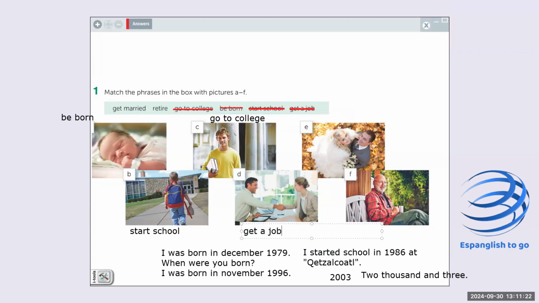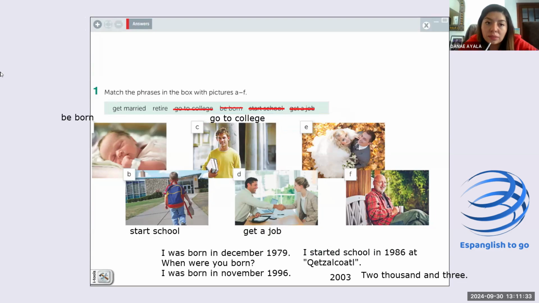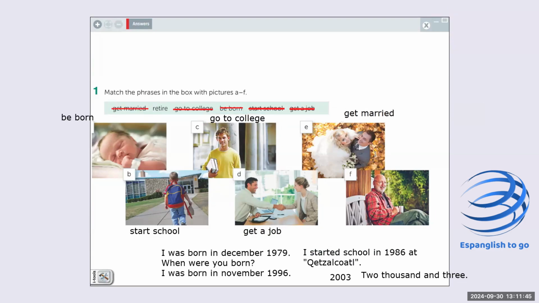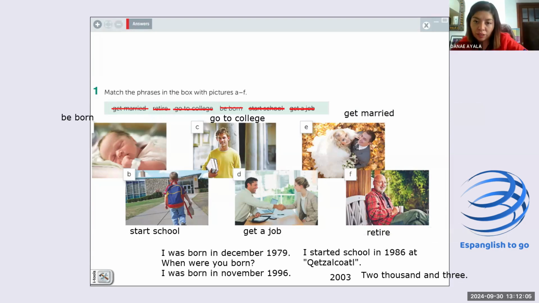This is another stage of life in a human. Letter E, get married. Yes, married. And finally, letter F, no working. Retire. Yes. The person doesn't work anymore. The verb is retire.